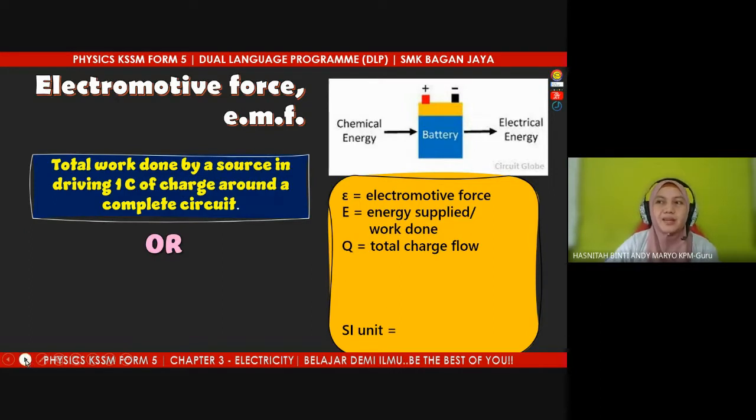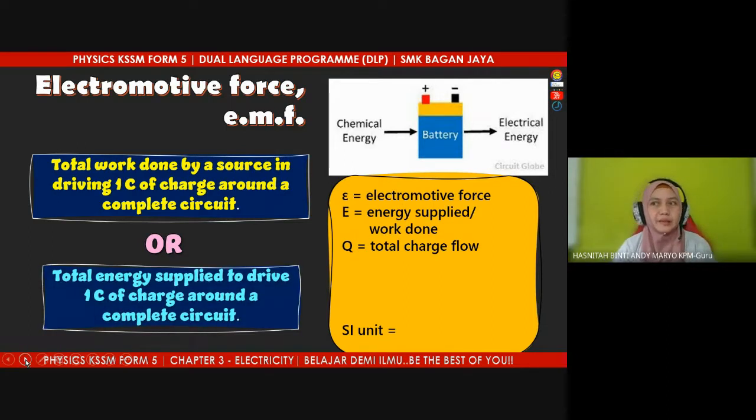Or you can write it this way: EMF refers to total energy supply. Total energy supplied is similar to total work done. The unit is joule, to drive 1 coulomb of charge around a complete circuit. You can write any one of these definitions for EMF.